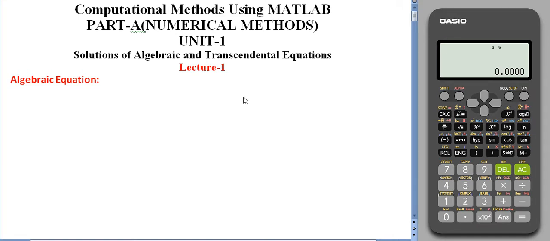In this concept, we will discuss Taylor series method, Picard's method, Euler's method, modified Euler's method, and RK method.